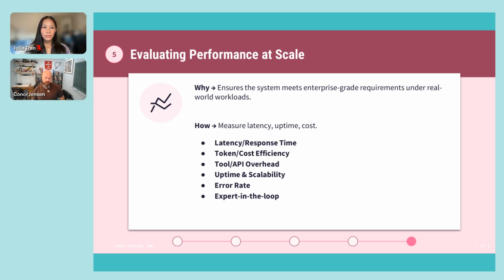Uptime and scalability. This is the classic IT challenge, especially for things that are customer facing. How do we guarantee uptime? Do we have redundancy of an agent? If an agent fails, or if those tools fail, how are we going to handle that?